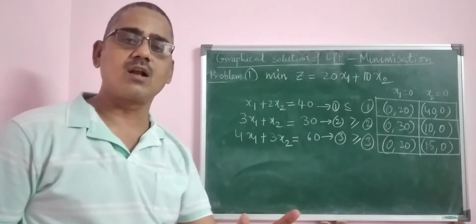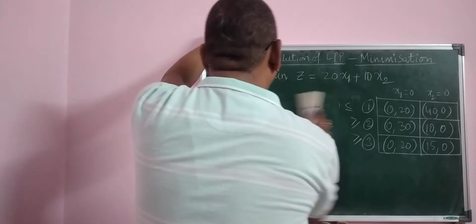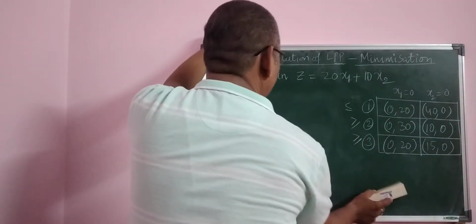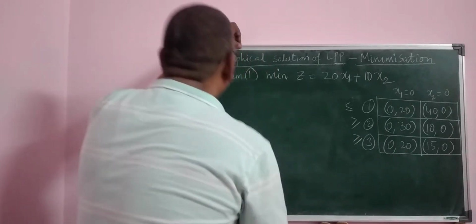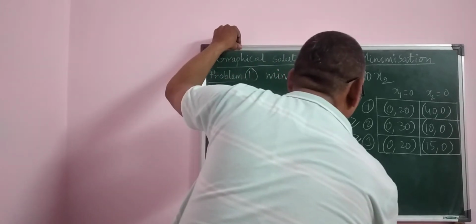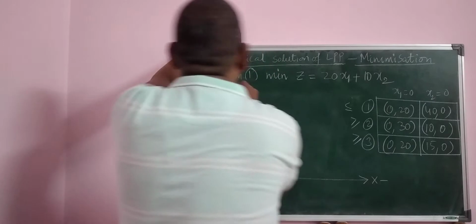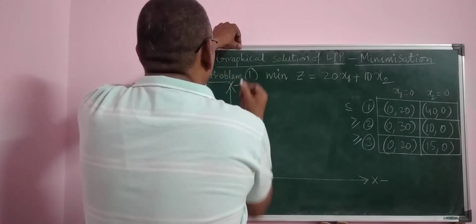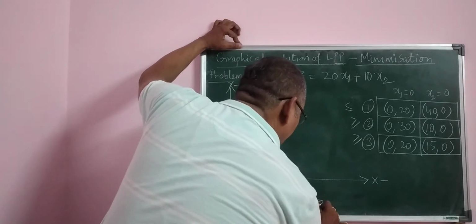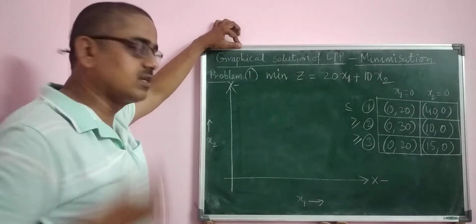Now we have to take the graph paper and consider a suitable scale on the graph paper for the x-axis and y-axis. So now I am considering the graph. On the x-axis, and this is the y-axis, x1 values I am considering on the x-axis and x2 values on the y-axis.